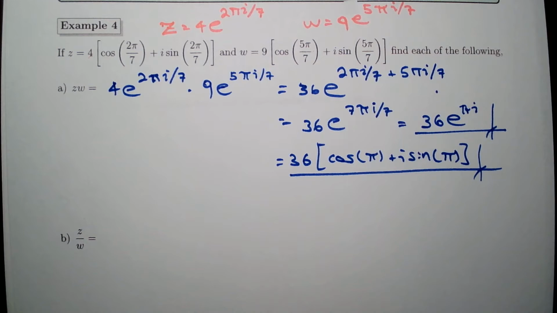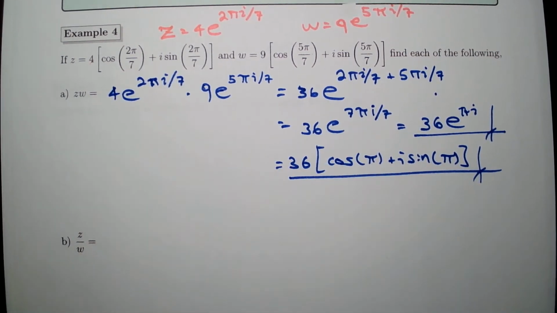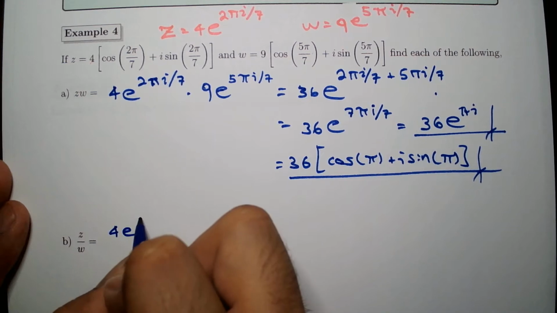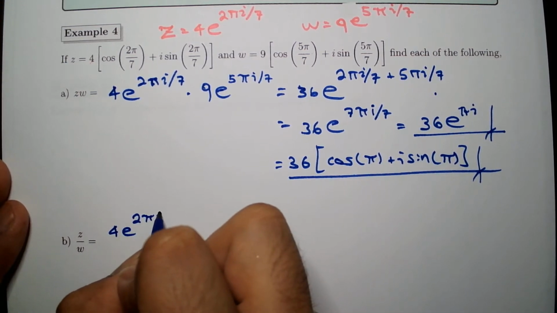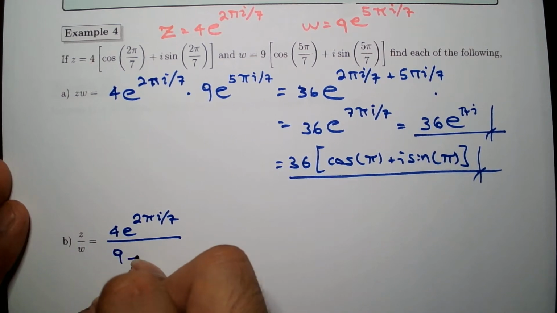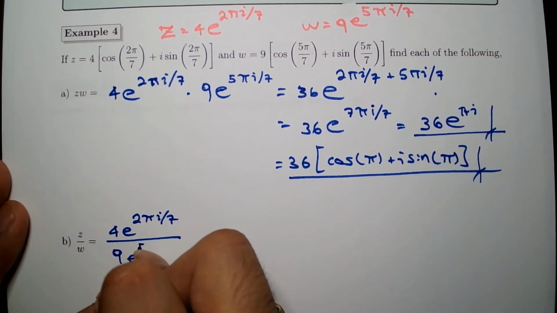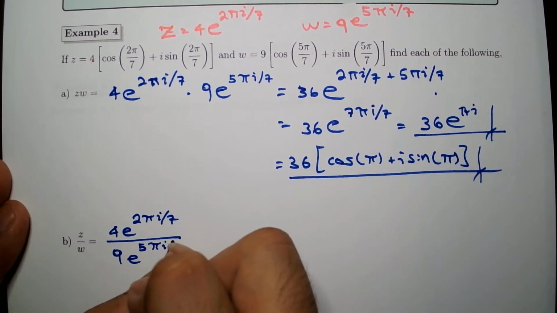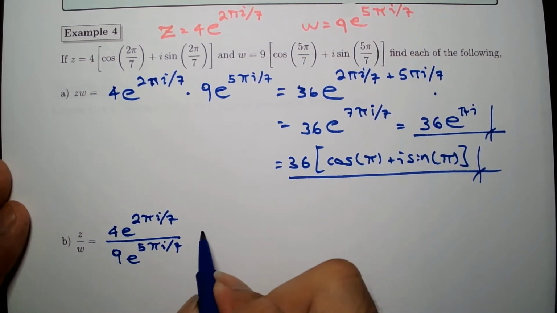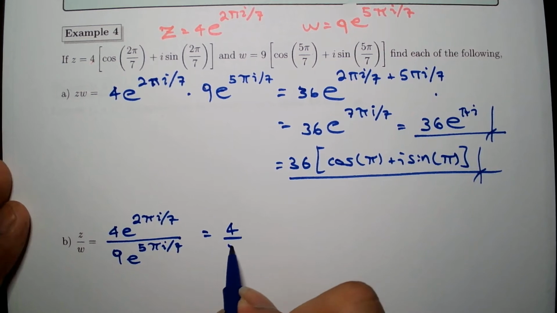Okay, leave the two numbers here. So this is going to be 4 e to the 2 pi i over 7 over 9 e to the 5 pi i over 7. 4 divided by 9 is 4/9.